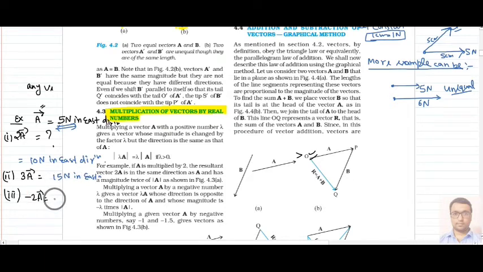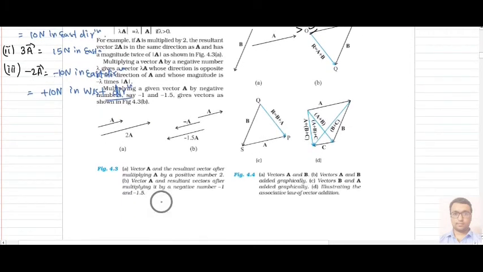So minus 2A equals minus 10 Newton in east direction. Now what is the meaning of minus 10? We can say it is plus 10 Newton but in west direction, opposite of east. So this is the way we multiply any vector by any real number.